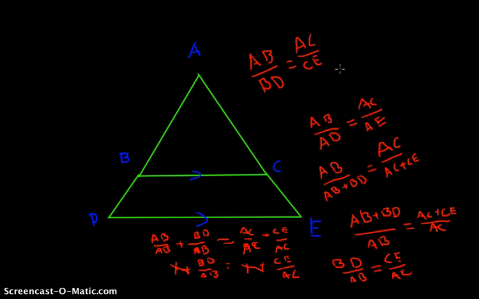And that's the way they did it in problem 5.7, and you end up with this up here. They just want you to know that if you have a figure like this and you have two parallel lines like this, this is what you have to remember right here: AB over BD is equal to AC over CE. Okay, so that's what you have to remember.